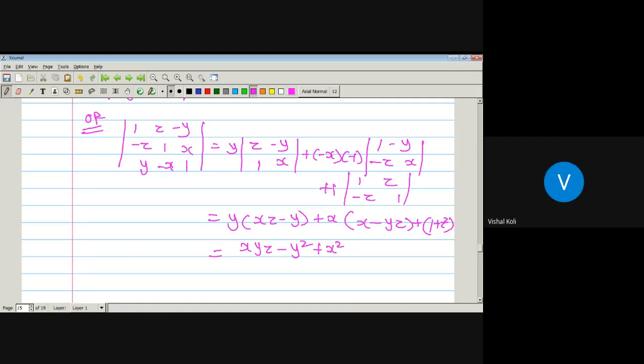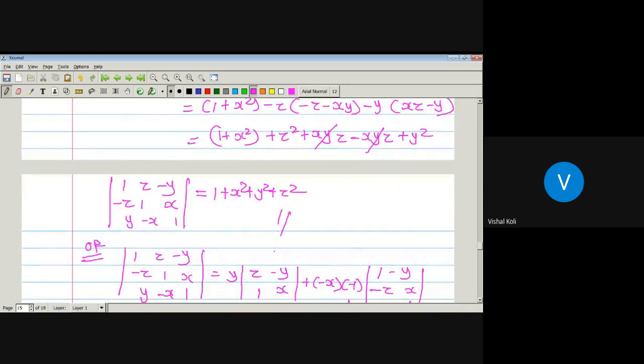Sorry, y into xz plus xyz plus y square plus x square minus of xyz plus 1 plus z square, again plus xyz minus xyz cancel, and which is equal to 1 plus x square plus y square plus z square, so which is same as our this one.